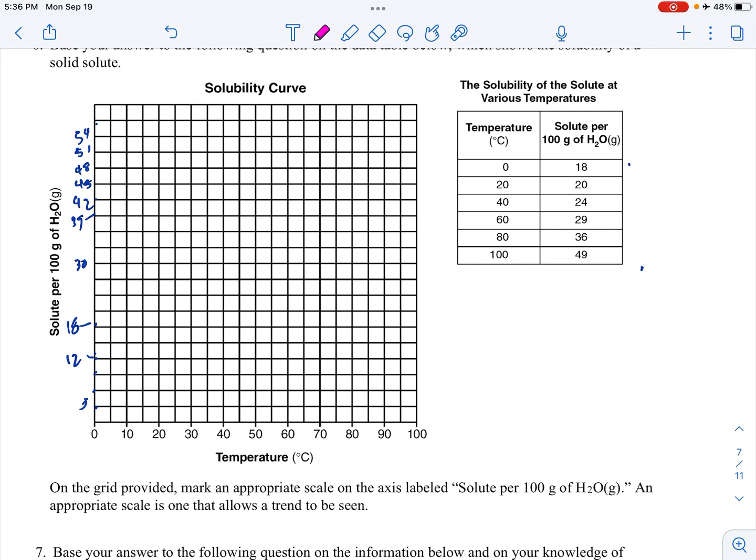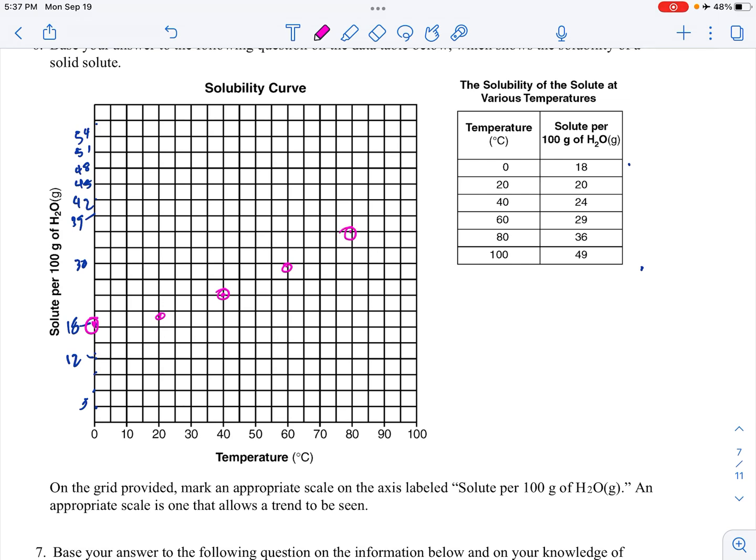Okay, so then to plot, I guess I'll use a different color. At 0, we would have 18, circle that. At 20, we would have 20. These go by 3, so it's not quite there. 24 at 40. 60 is 29, so almost 30. 80 is 36, so that would be here.